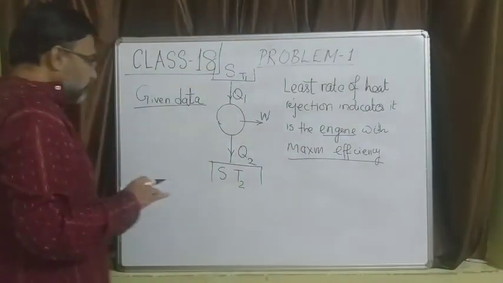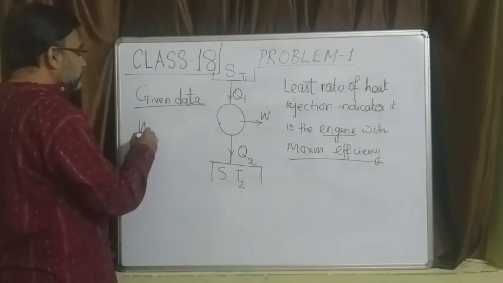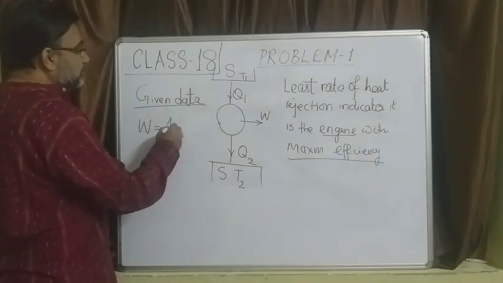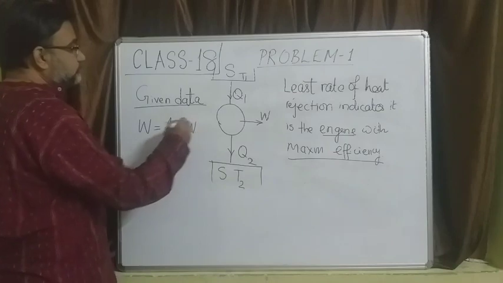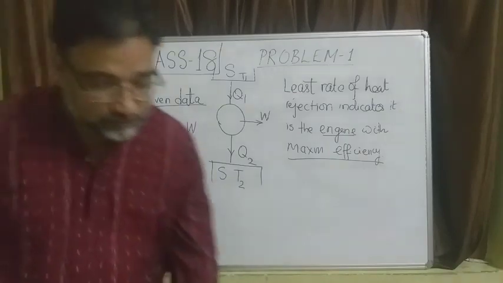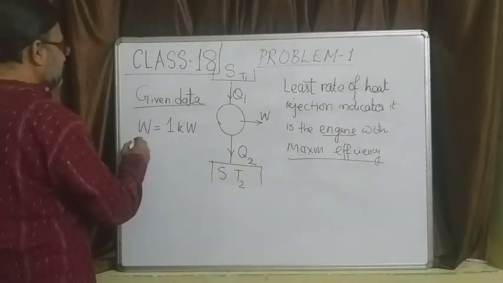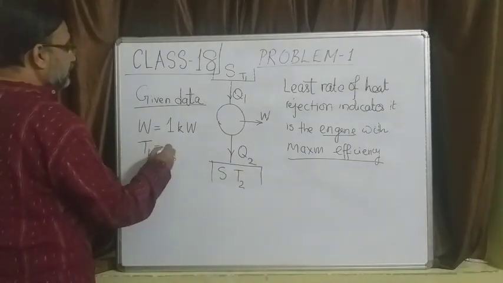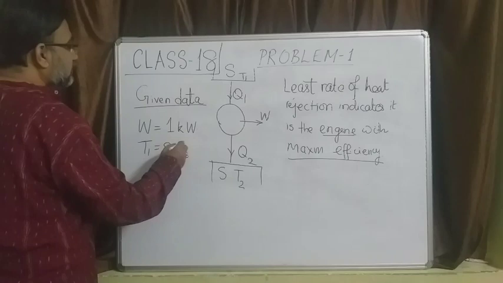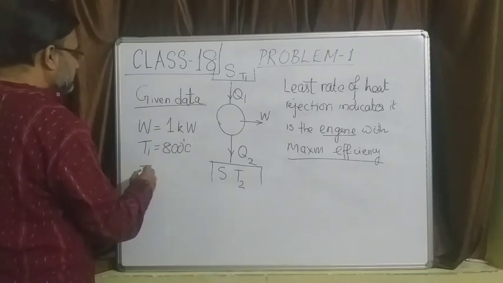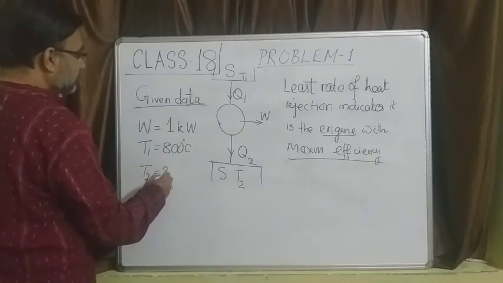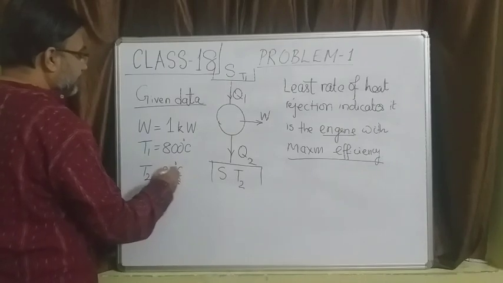Now, what are the given data? Work output is 1 kilowatt. The source temperature is given as 800 degree centigrade. The sink temperature is given as 30 degree centigrade.